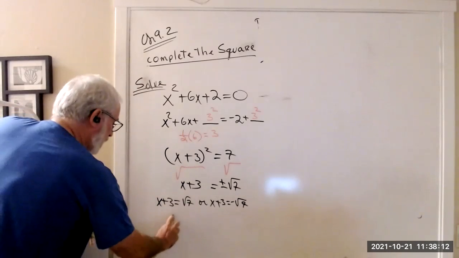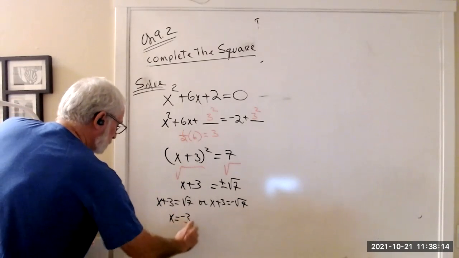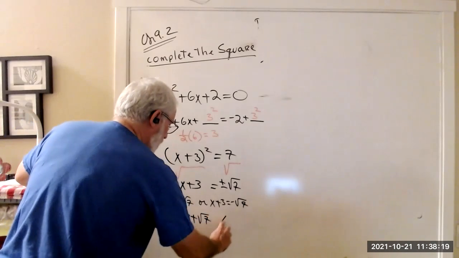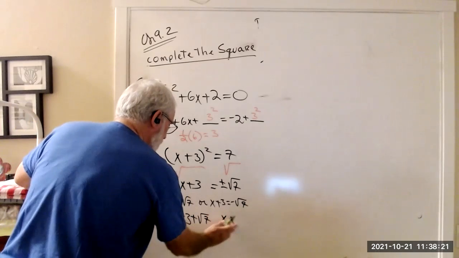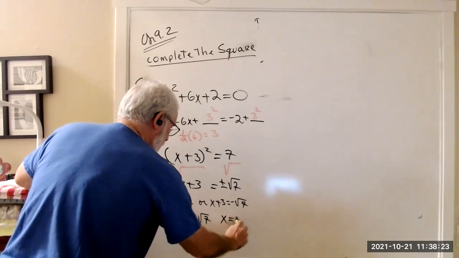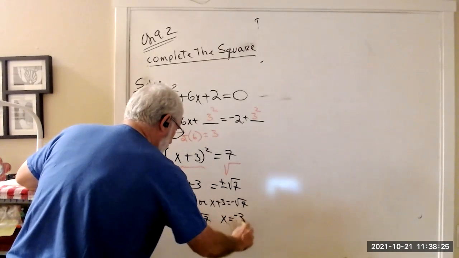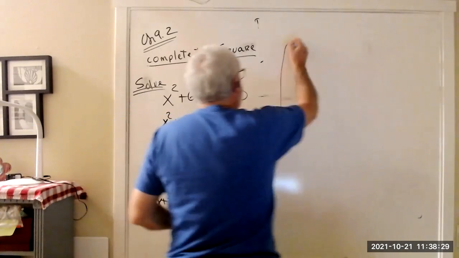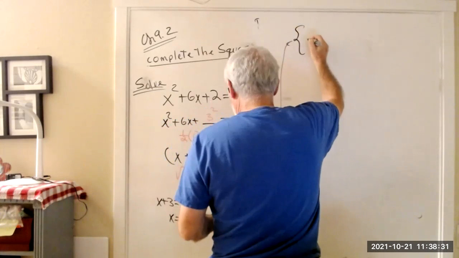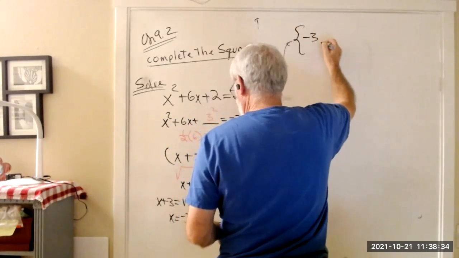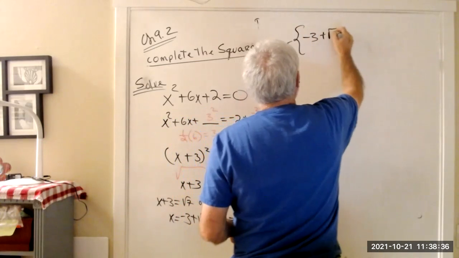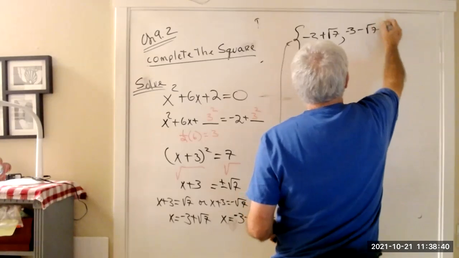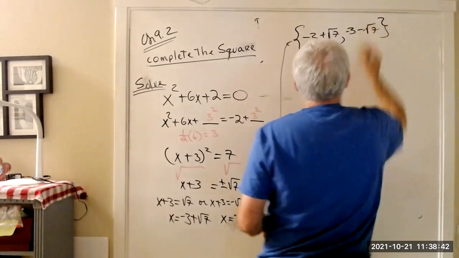Take away 3. Take away 3. Oops. And solution set: it would be -3 plus the square root of 7 and -3 minus the square root of 7. Those are my two answers.